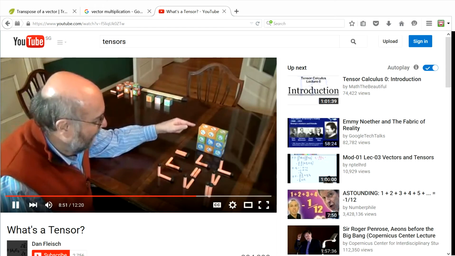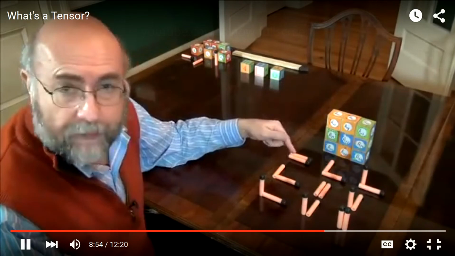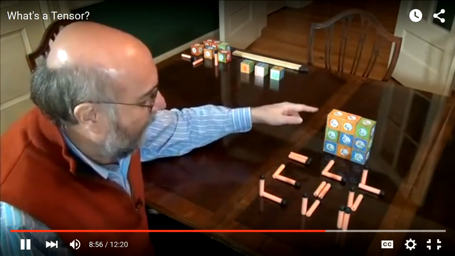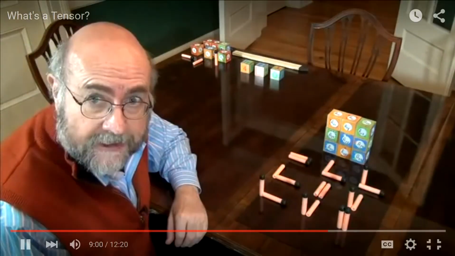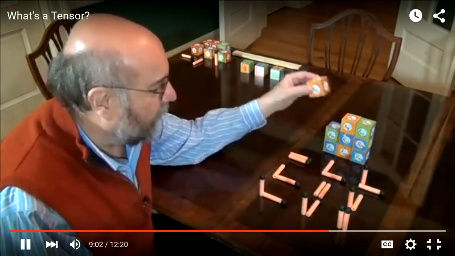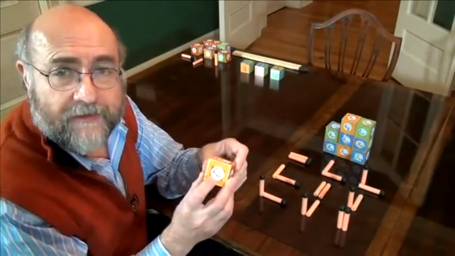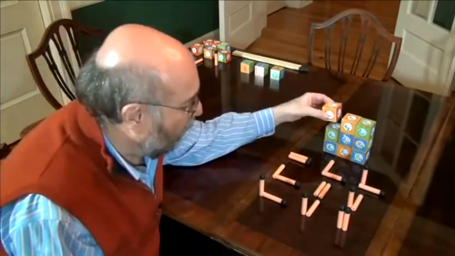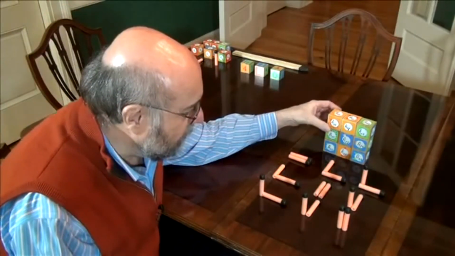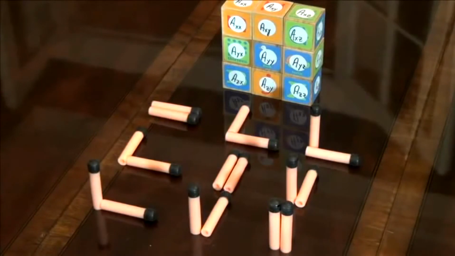Notice that instead of having 3 components and 3 basis vectors, we now have 9 components and 9 sets of 2 basis vectors. Notice also that the components no longer have a single index, they have 2 indices. Why might you need such a representation? Consider, for example, the forces inside a solid object.